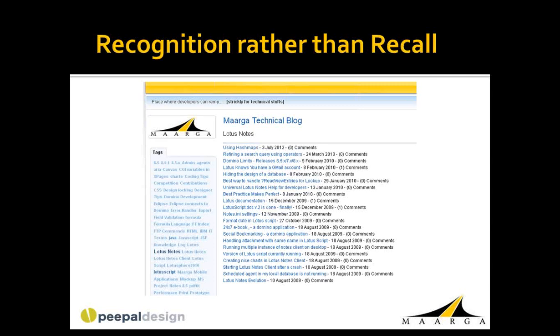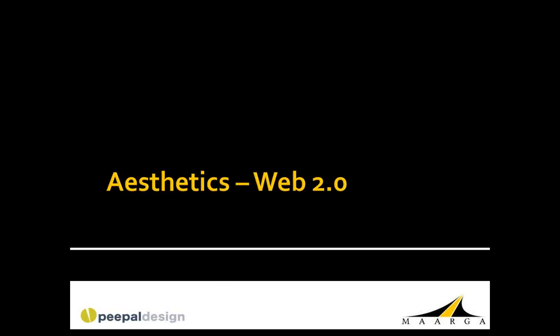Those are fairly standard things that you can implement in an XPage application. Simple stuff, but definitely enabling users to have this recognition rather than making them remember stuff before they have to type.